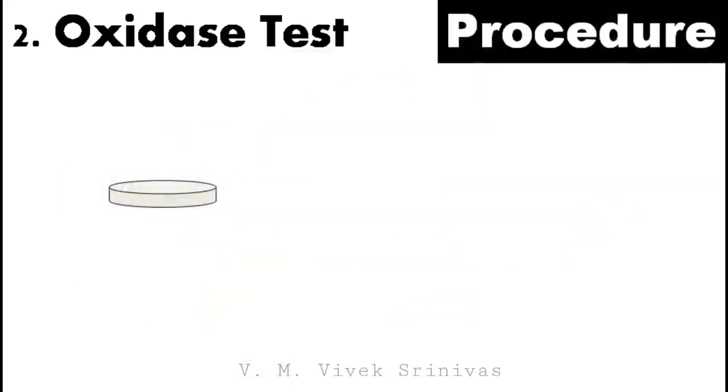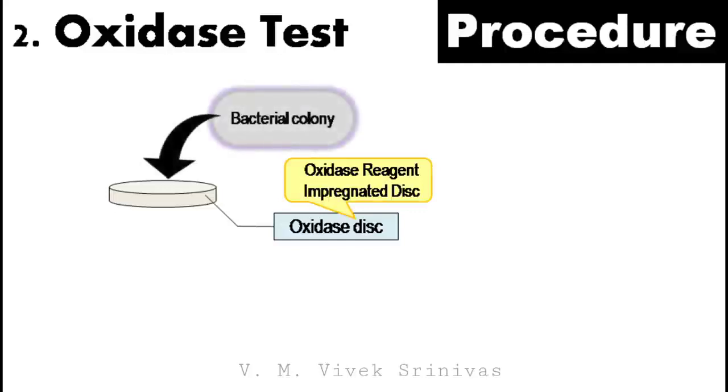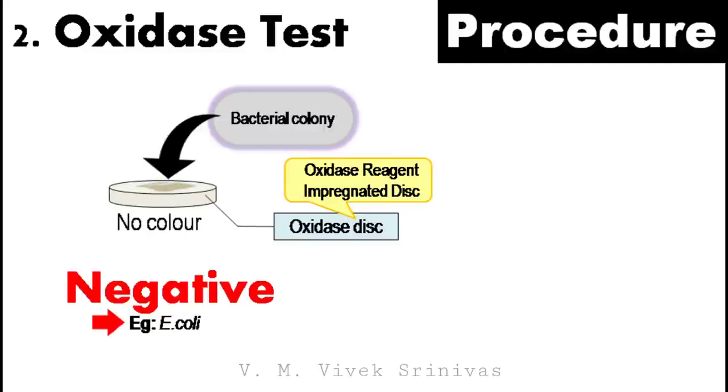The procedure: take the oxidase disc. This disc is an oxidase reagent impregnated disc. Now, place the bacterial colony over the oxidase disc. If there is no color development observed, the test is negative. For example, the E. coli bacterial organism is negative for the oxidase test.